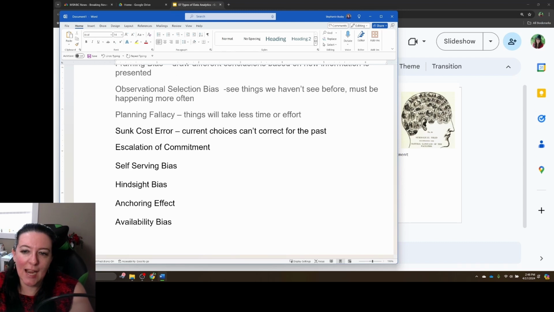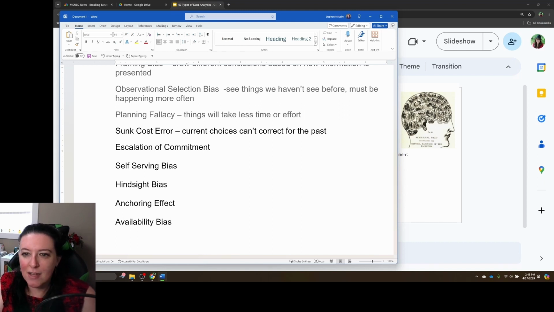Well, sunk cost error is where we put a bunch of money into a project. It turns out it wasn't a good idea. And then, because we feel obligated, because we put all this money into the project, we keep putting more money in. So we're chasing good money after bad.